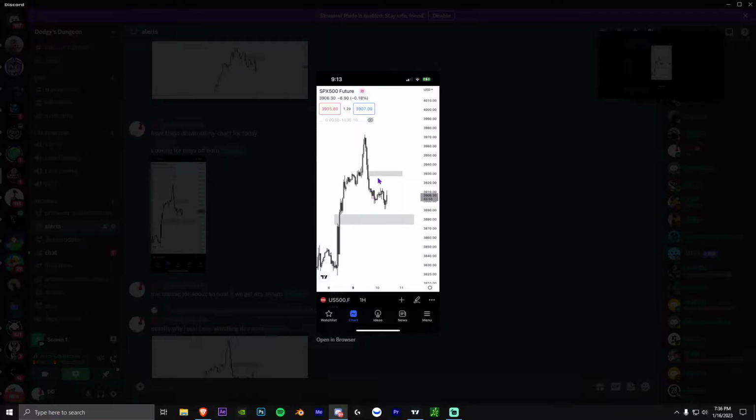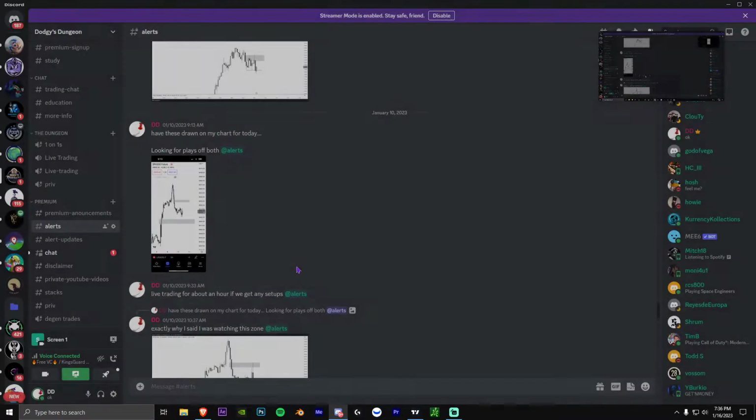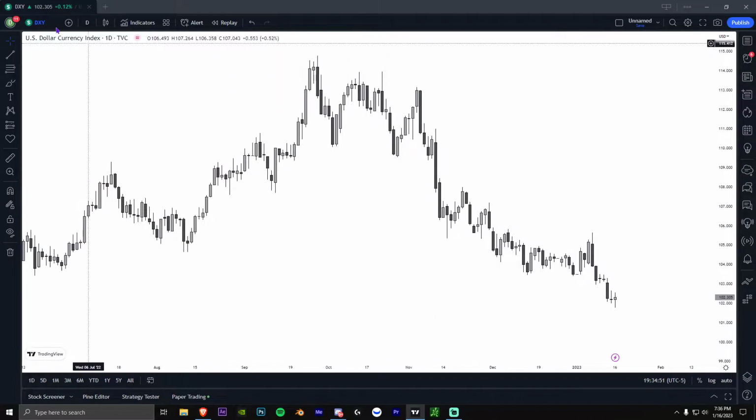So my thought process is either these could both be the drawn liquidity, and then when we do hit them, then I'll look for a short setup off this or a long setup off this. So if you go to the 10th real quick, this is the XY.